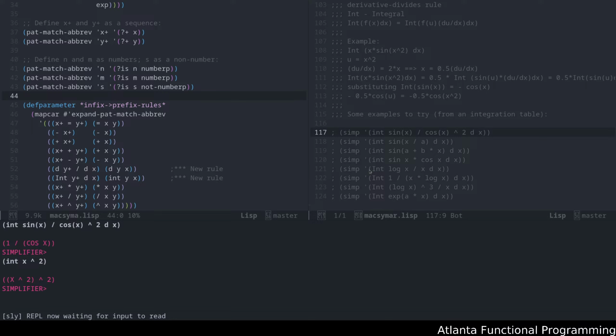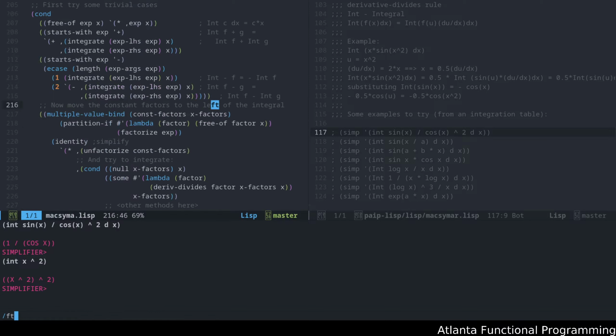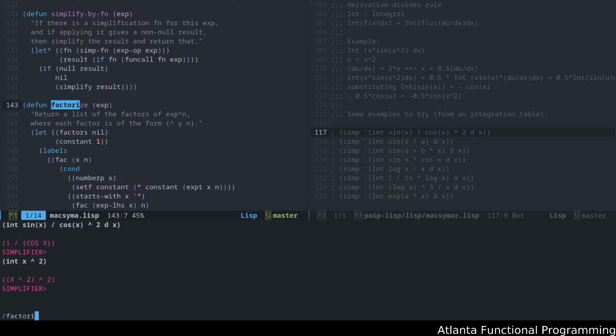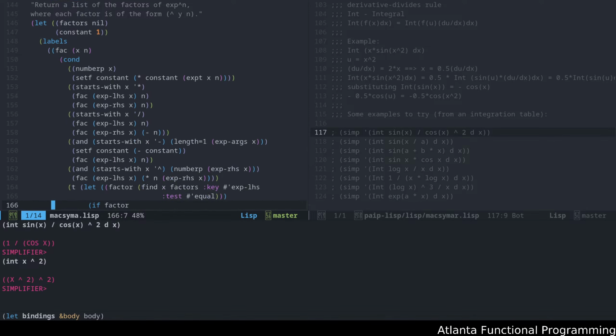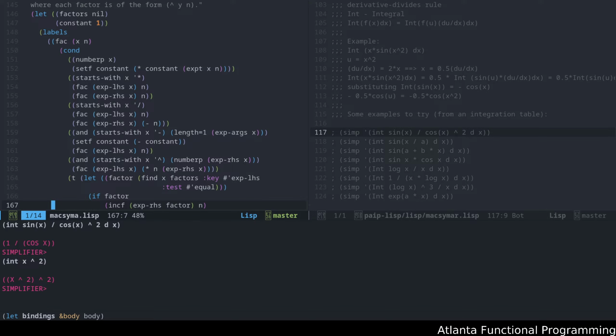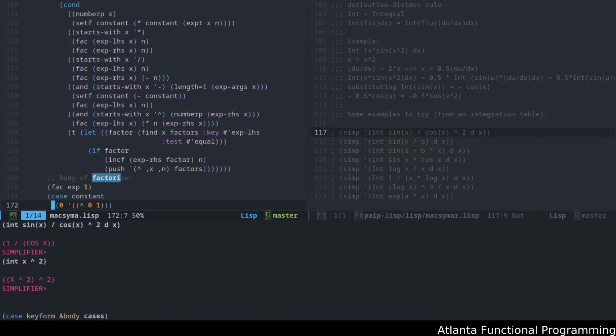Now, the way it does this is kind of interesting because inside the code, the main thing to look at is this factorize expressions, and it uses two interesting notations here. One is naturally labels, which most people should recognize now.